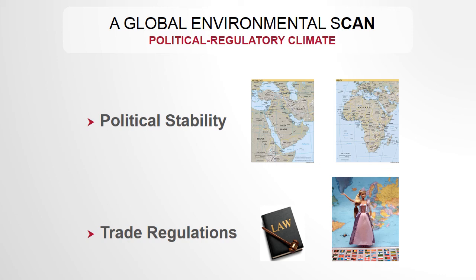This includes things like political stability and trade regulations, right? And so the political stability, it's very difficult for us to go into a country that we think might have a political overthrow, and the government might take over all of the companies that are in that particular country.